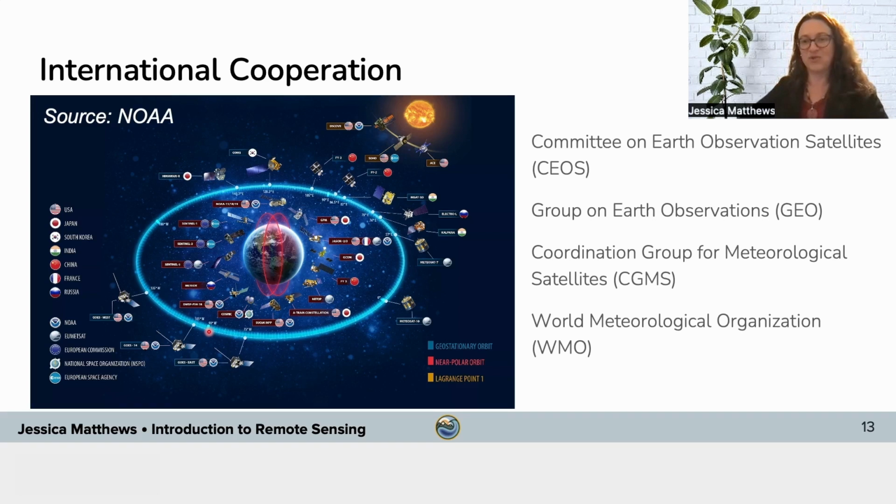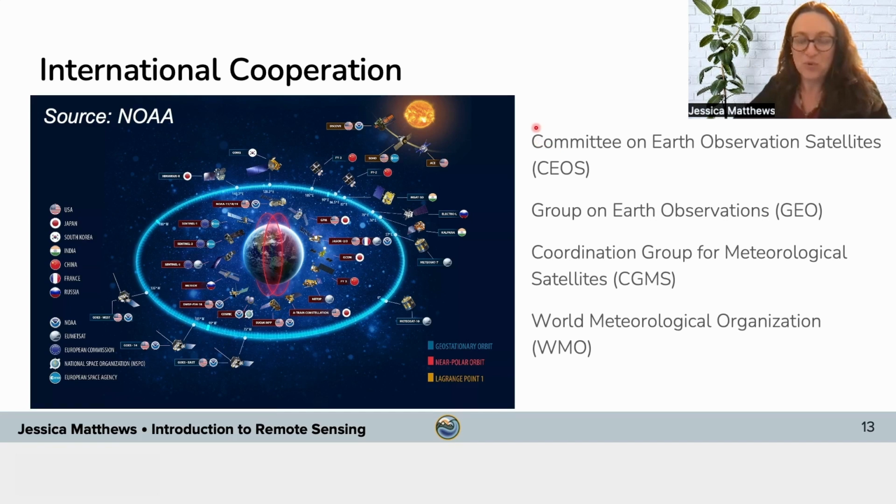So this is the one, if you recall, that's pretty far distance away from the Earth's surface and rotates at the same speed so that it's always getting the same Earth view. But you can see that a number of countries have satellites in the geostationary orbit. So we're really getting a good picture if we all cooperate and share data amongst ourselves as to what's happening globally. The red orbits on this diagram illustrate where the polar orbiting missions are, and there's a number of those that are all listed within the geostationary orbit ring there.